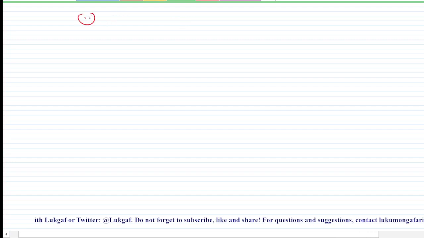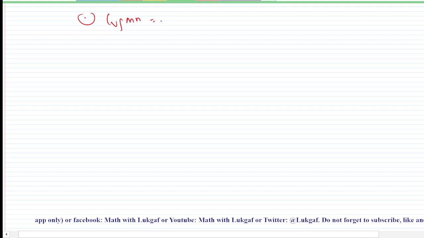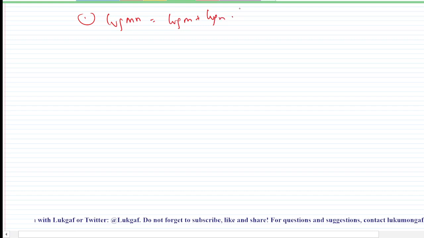Let's assume I'm working in a common logarithm, whereby my logarithm is in base 10. So if I have log mn, then don't stress yourself: if you have two expressions and their relationship is a product, then I'm going to have log m plus log n.